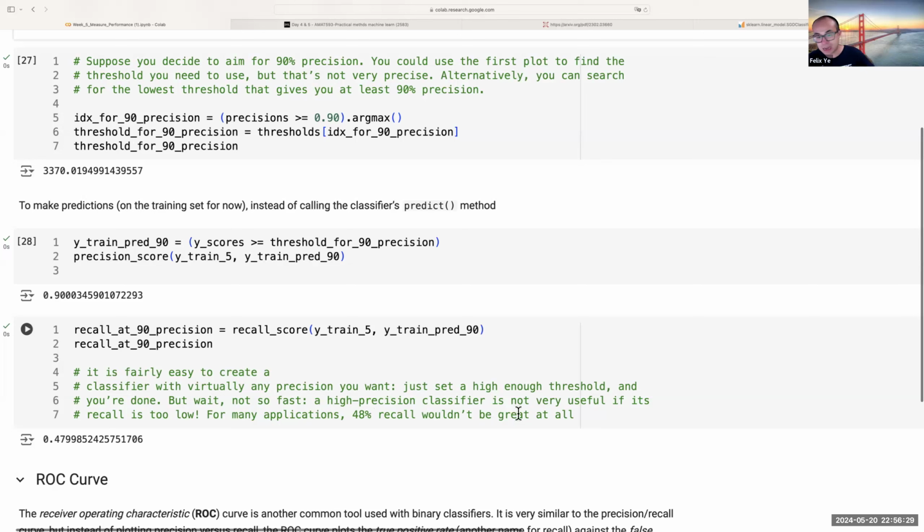Just set a high enough threshold, and then you'll be done. But this won't be useful because the recall rate is too low. In many applications, 48% recall will not be great because you are filtering out a lot of positive values, which in a lot of cases will be bad.